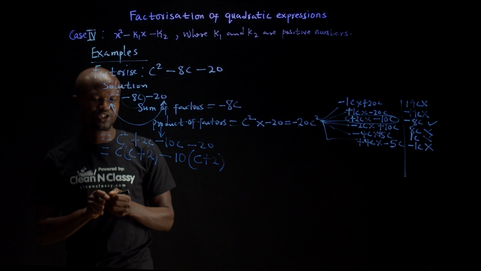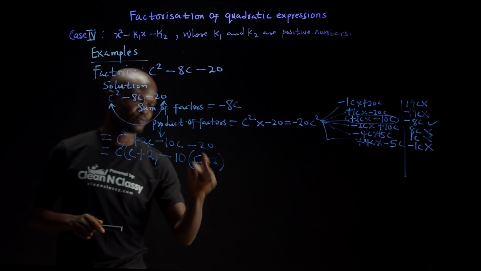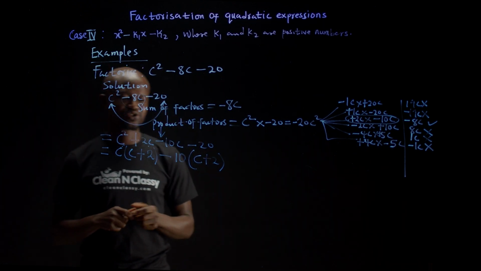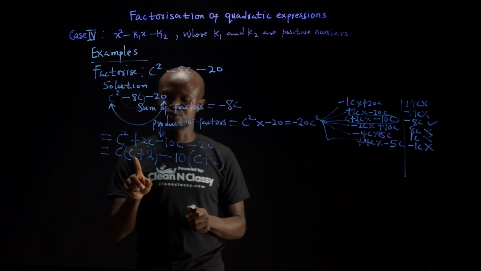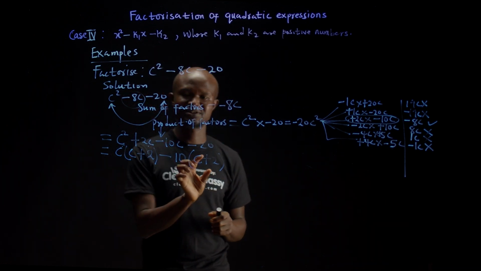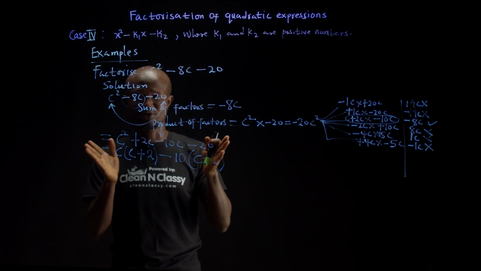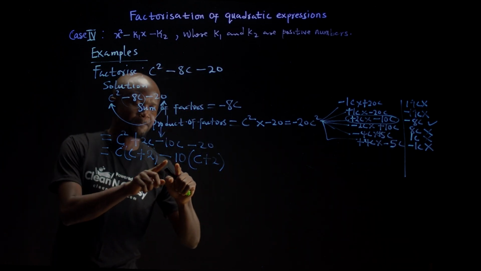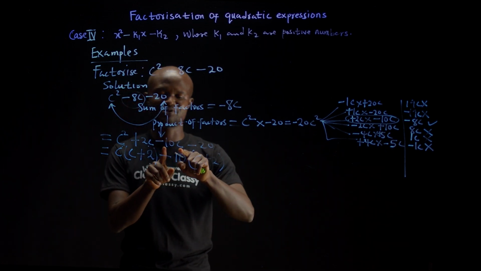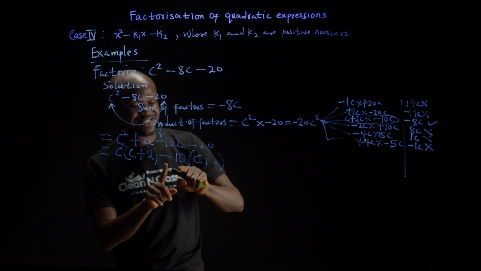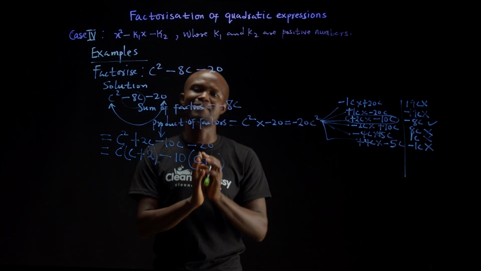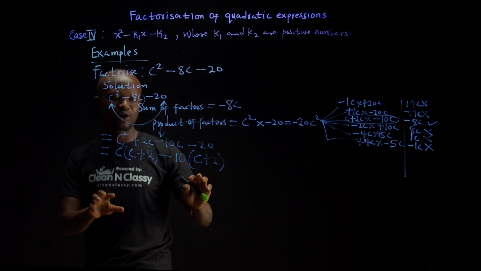What you have in this bracket must be what you are going to have. But you don't have to just copy it and leave it like that. You have to confirm whether what you have done is correct. Minus 10 times c, we have minus 10c. Minus 10 times plus 2, what do we have? Minus 20. So now it's correct.